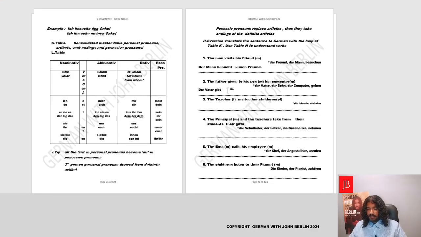So I'll write gibt seinem, which means to his. Seinem Sohn. Yes, his computer. What does he give? Computer is masculine, den Computer. We don't need den, we need possessive pronoun. That is his. His is mein, dein, sein. We'll pick up sein and give it the ending of en. Perfect. Seinen Computer. Fantastic.